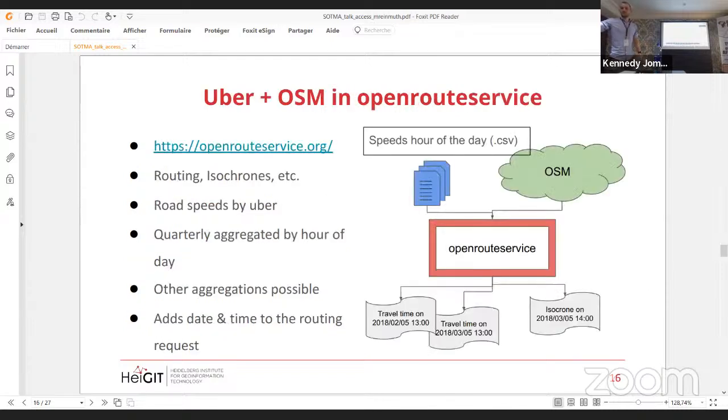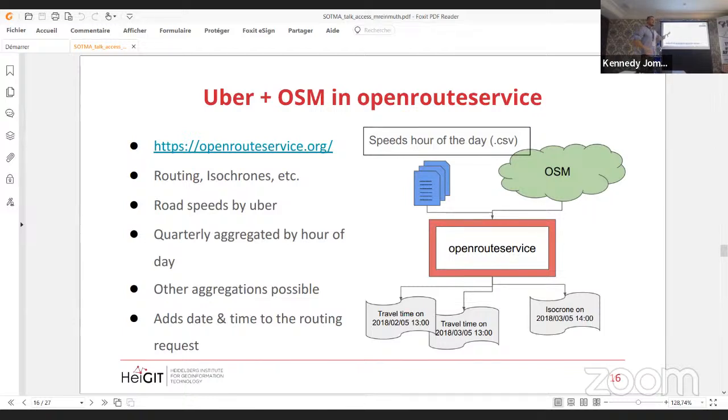Can we go to the next? Okay, so how would we use that in OpenRouteService? So we actually did a project with a German agency because they were interested in using this in our software. So we created an interface where you can just, this is like a basic example of how OpenRouteService works. You take OpenStreetMap data, freely available, and you download the Uber data, which comes in CSV files, like tabular data.